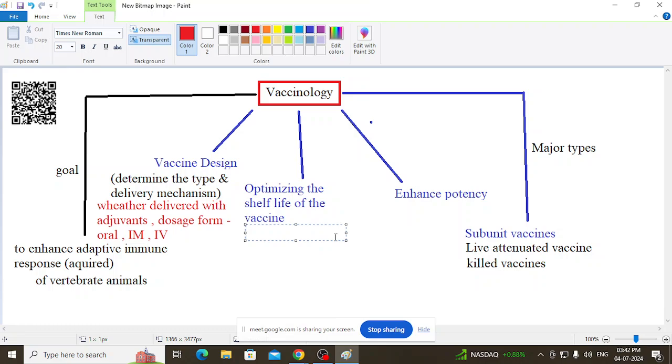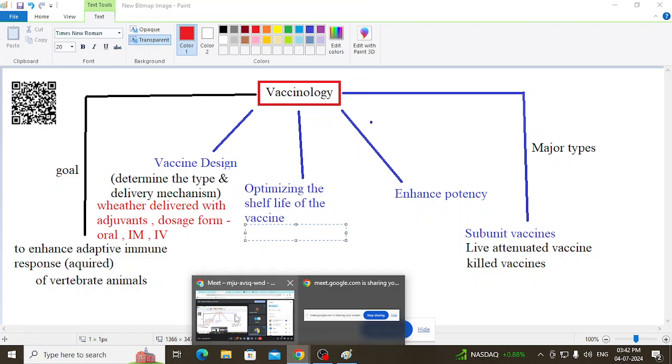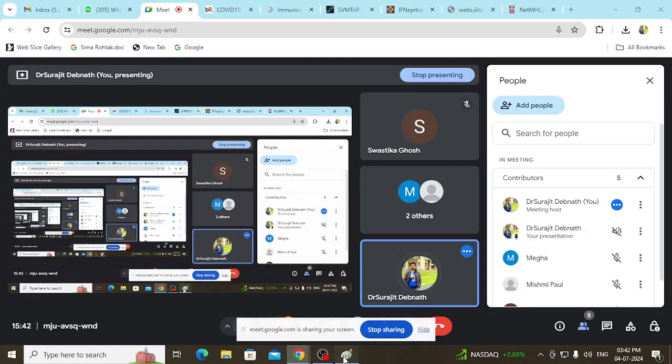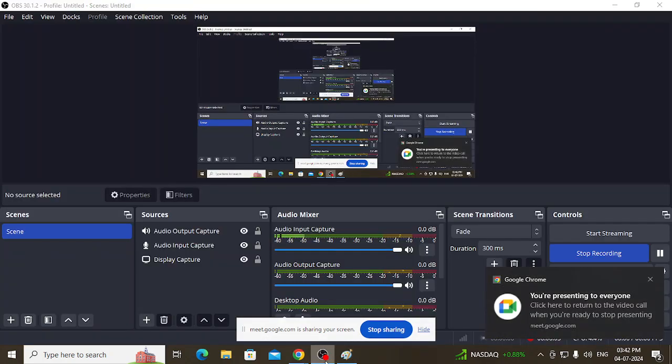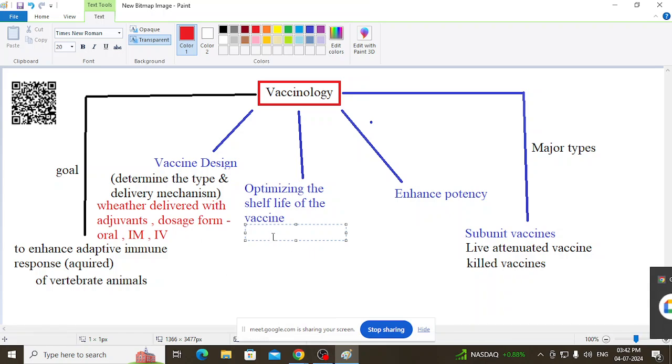Then there is one more thing, optimization of the shelf life. This is again a very important point. The important point is how it will be preserved.